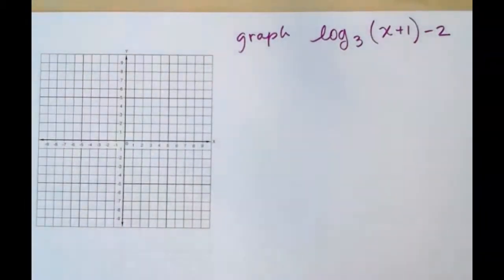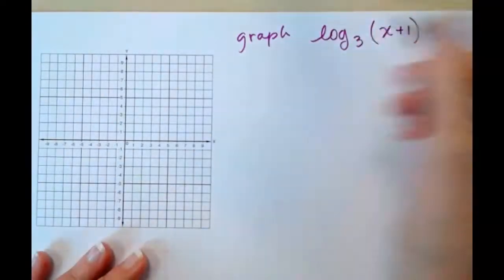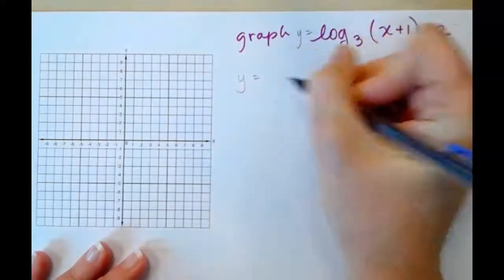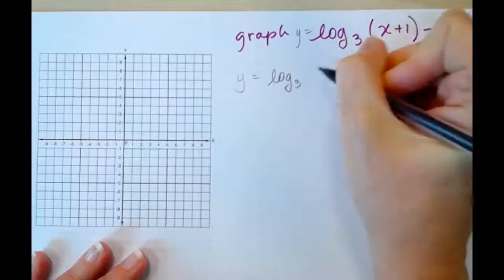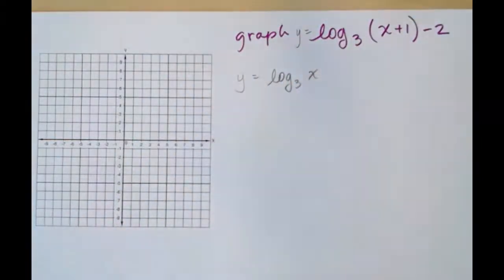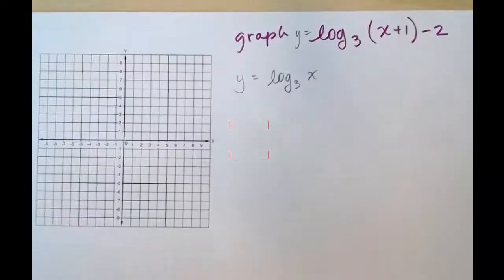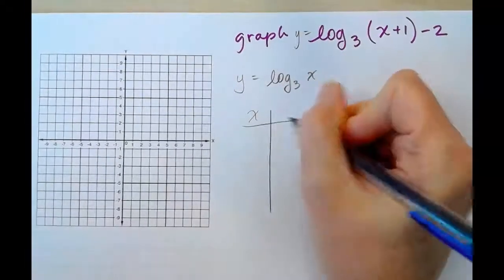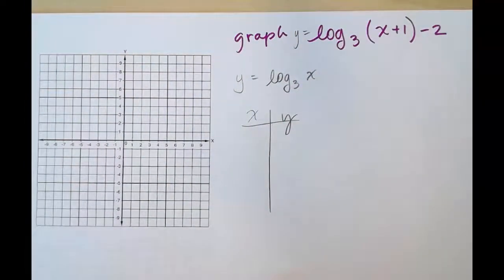Graph y equals log base 3 of x plus 1, minus 2. Let's start, guys, with simply log base 3 of x, and then we'll make the transformation. Let's make a little table of values. Now, do we have domain restrictions this time?